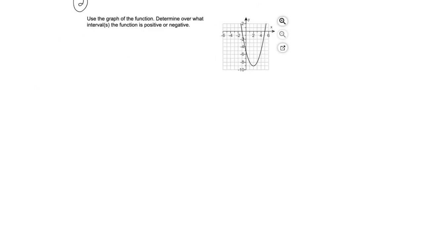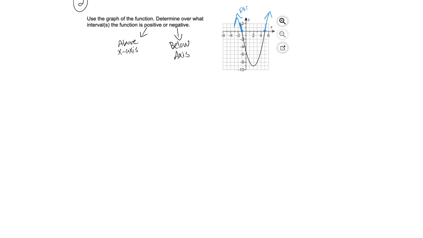When the function is positive, it's above the x-axis, and when it's negative, it's below the x-axis. So it's above the x-axis here, starts here and goes on, and starts here and goes on.